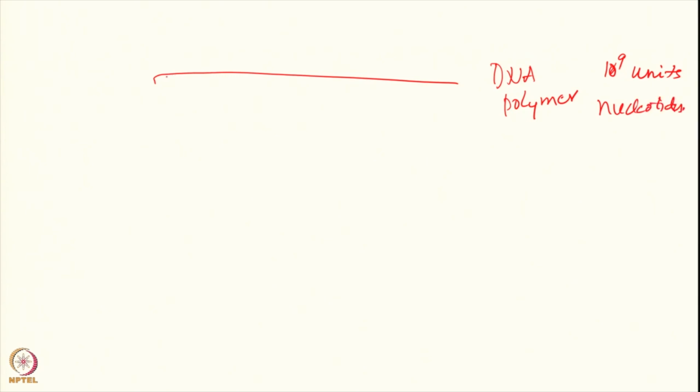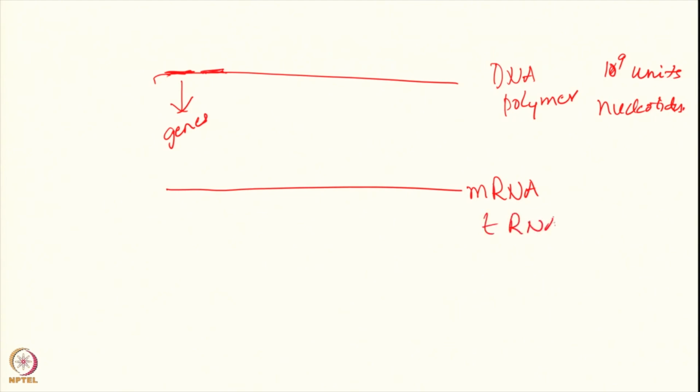On this DNA there are certain small segments, and these are called the genes. There is a lot of other things also inside the DNA, and from the genes you get what is called the RNA, the messenger RNA. There are 3 different types of RNAs: messenger RNA, then the tRNA, and then the ribosomal RNA.